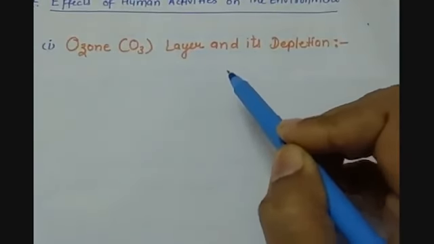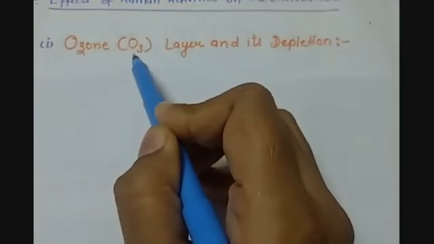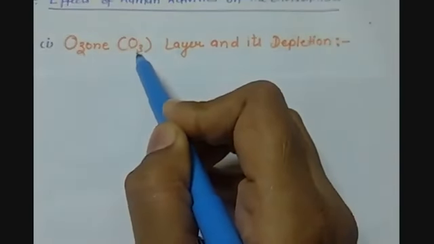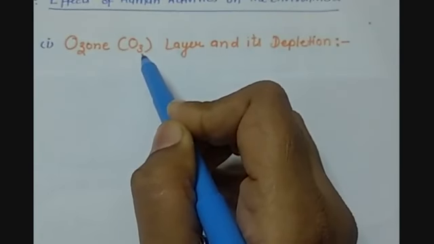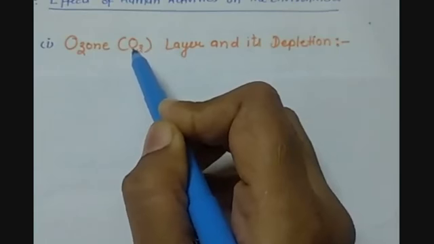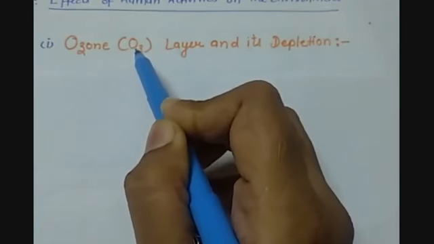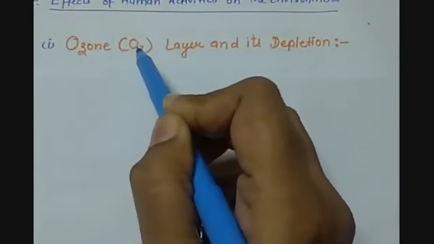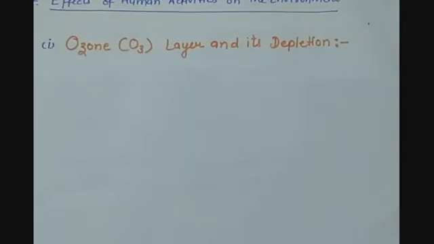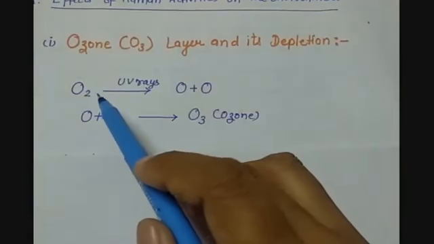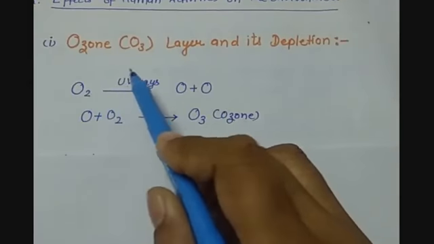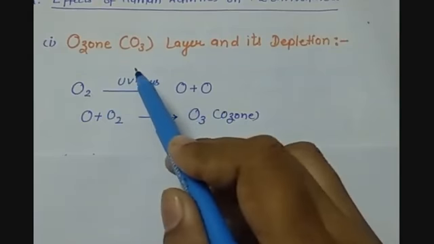We know that ozone, O3, is a molecule that contains 3 atoms of oxygen combined together. Though oxygen is essential for respiration of living organisms, O3 is a highly poisonous gas. But how does it form? Ozone or O3 is formed by the action of UV rays which are coming from the sun.